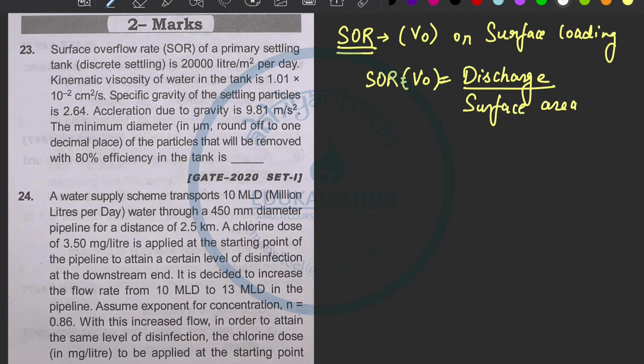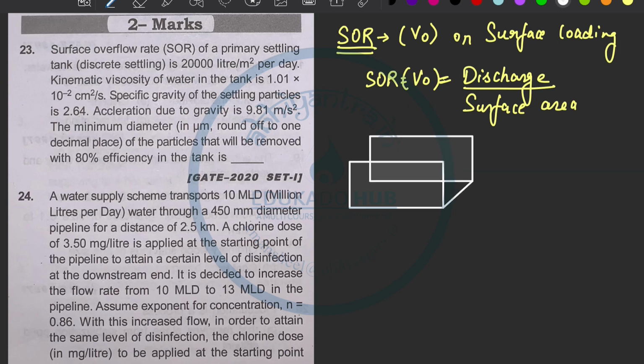Discharge upon surface area. So if this is a tank, right?